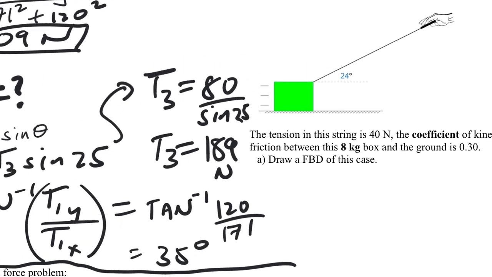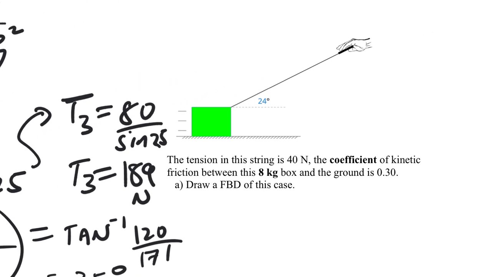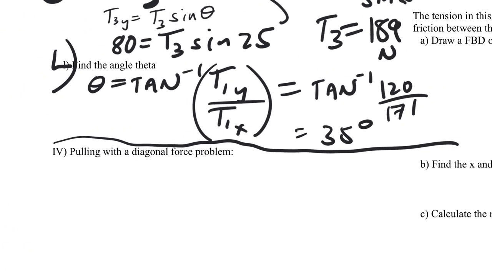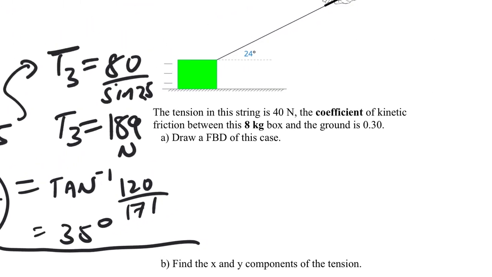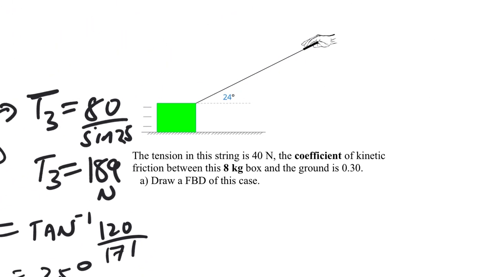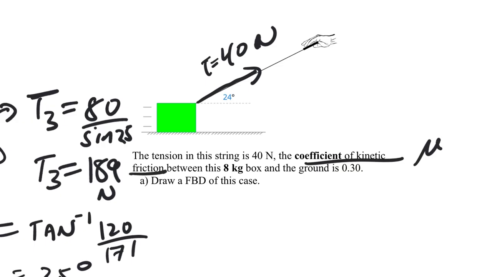Okay, so let's look at the next problem, which is number 5. The tension in this string is 40 newtons. We'll call that T. The coefficient of kinetic friction equals 0.3.